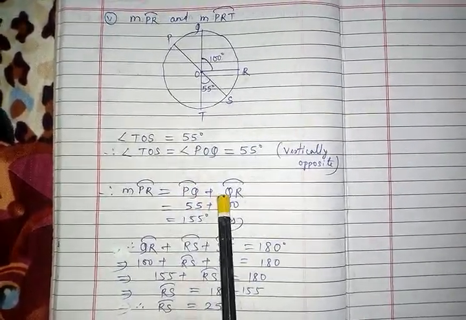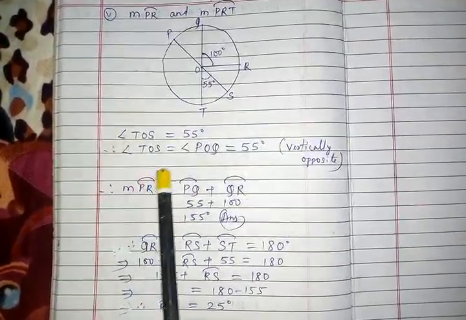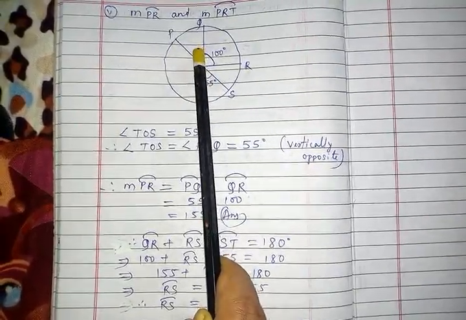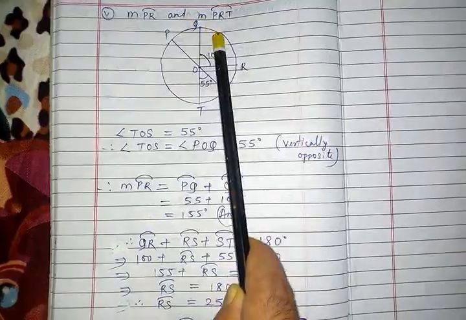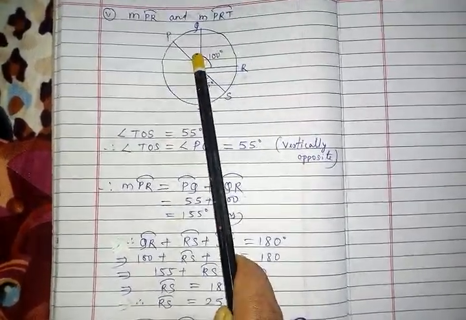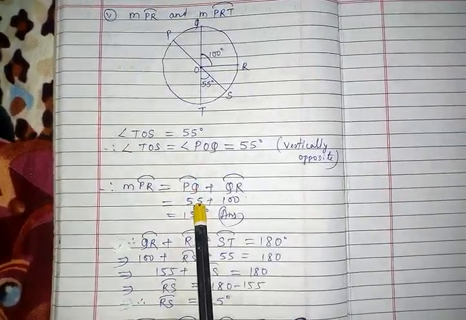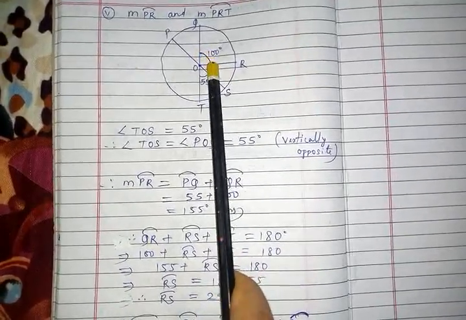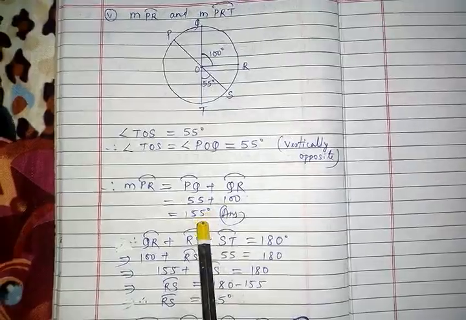Arc PQ, just now we came to know arc PQ will be 55 degrees, because if this is 55, this is also 55, and whatever is angle at the center, same will be the angle of the arc also. So if it is 55 degrees, PQ also is 55 degrees. 55 degrees plus QR is 100, because if the internal part is 100, QR also is 100. So 55 plus 100 is 155 degrees.